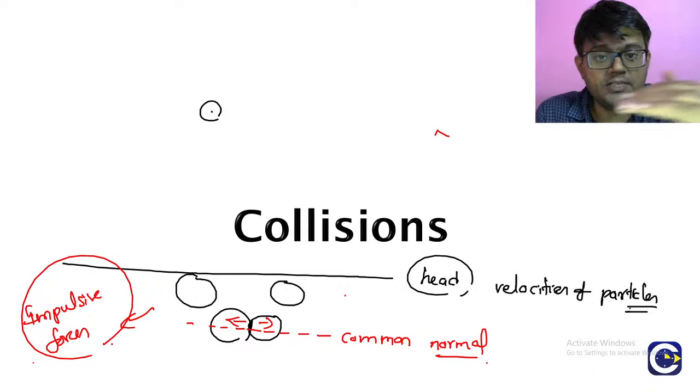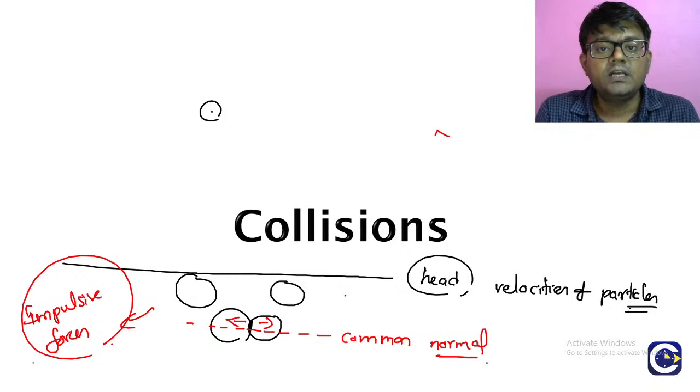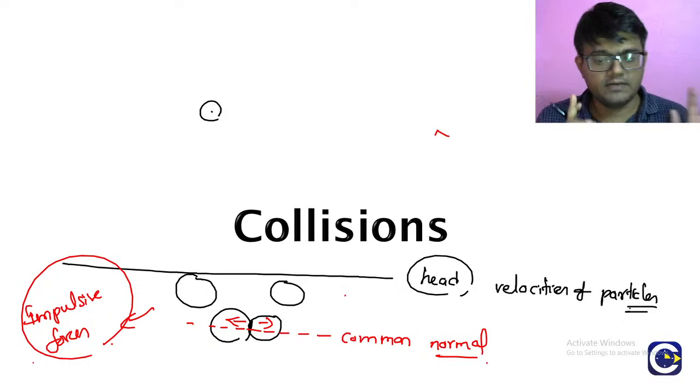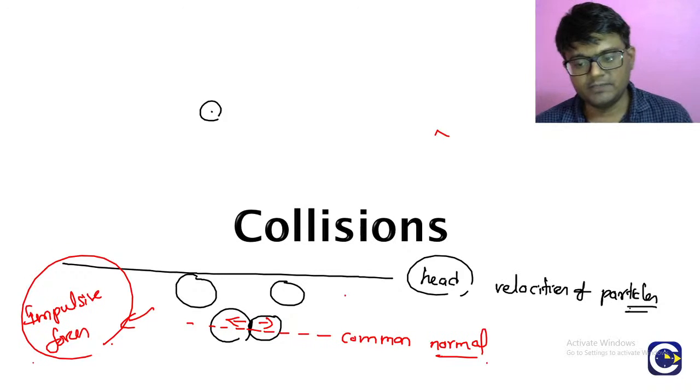If the particle is moving to the right initially, it may sometimes move to the left after collision. But the velocities before as well as after collision will be confined to that same common normal line. That is the characteristic of the head-on collision.